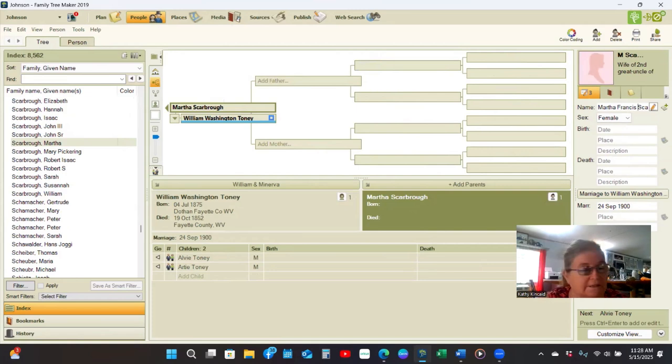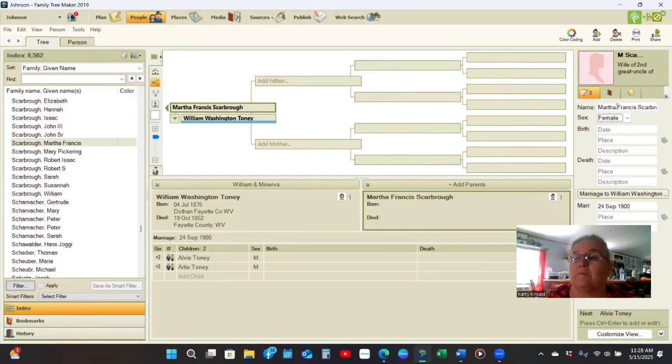Now, Mom always insisted we spell it with an E, but since this was what was in the Find a Grave site, I'm going to leave it at I. But generally, an I in Frances refers to a male, not a female, but who knows?